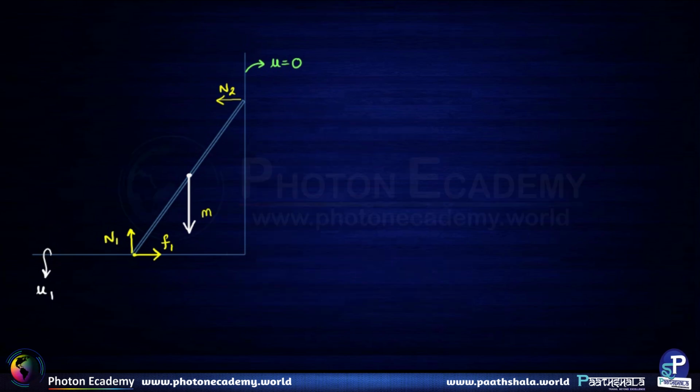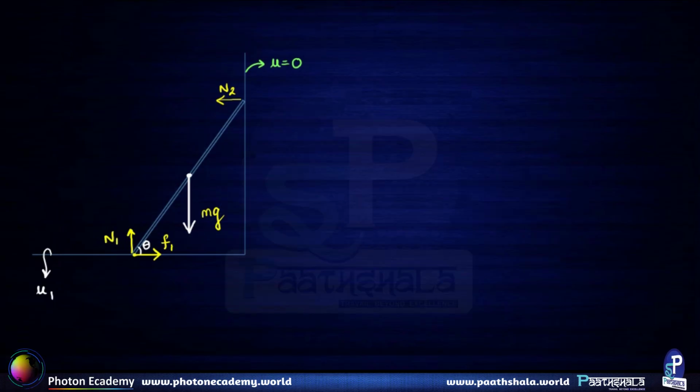So mg force is in the downward direction. This angle happens to be theta. This angle is given, so it is known to us at what angle the rod is inclined essentially. Alright, so if we see here, we have got three unknowns, namely N1, F1 and N2. Please understand that we cannot directly write here F1 is equal to mu1 N1.